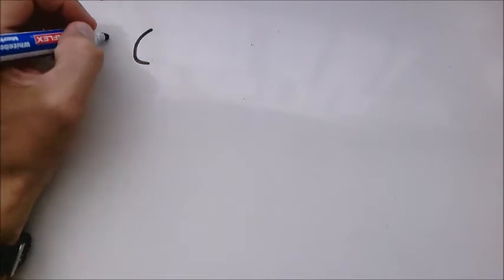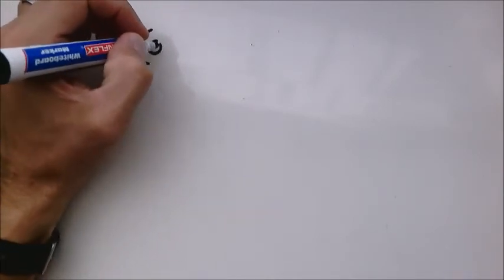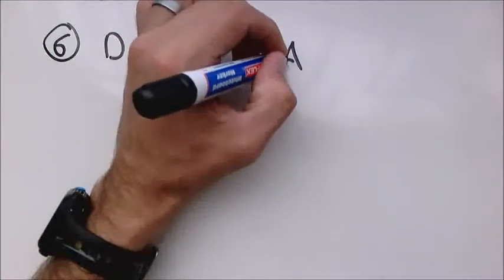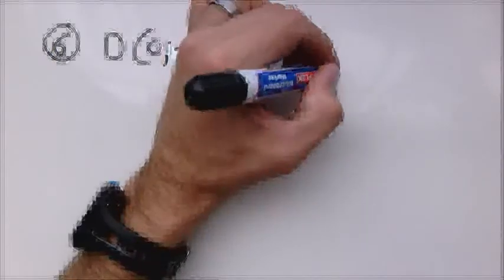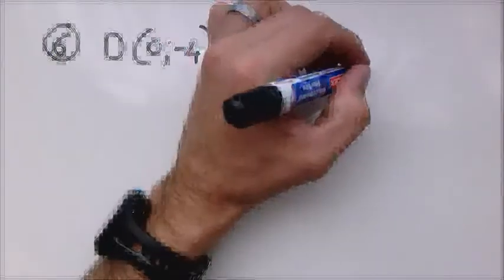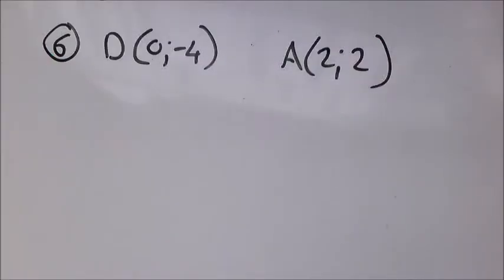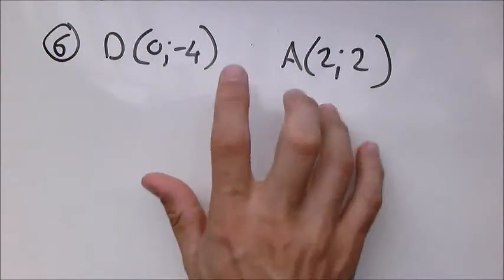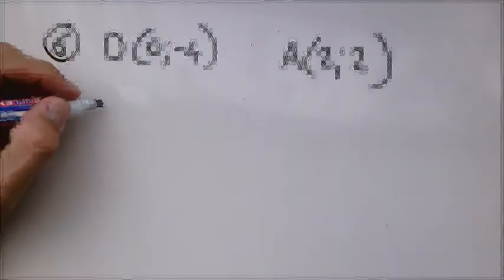Let's say point D, which is (0, -4), and it goes through point A, which is (2, 2). Okay, so first things first, remember we need to get the gradient and the y-intercept, or the gradient and the coordinate. So we have a coordinate, we've got 2. So first things first is we need to get the gradient.